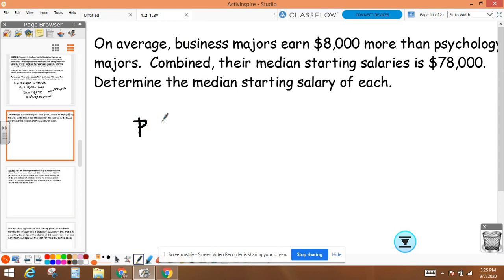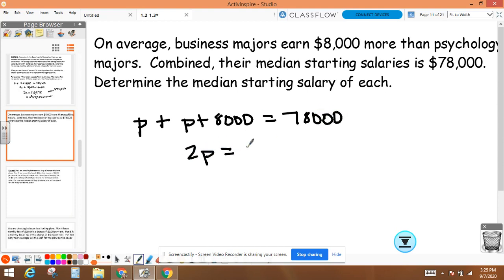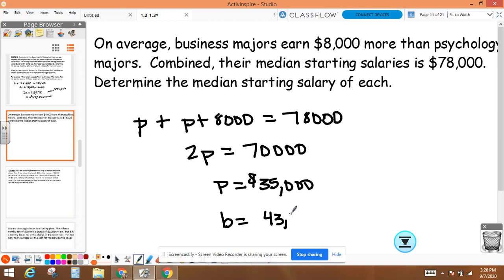So if we do psychology majors plus business majors, but we know that they are psychology plus 8,000, then we're going to equal 78,000. So I'm going to go ahead and move the 8,000 over. So that's just 70,000. So psychology majors make 35,000, which means that those business majors make 8,000 more than that. So 43,000.